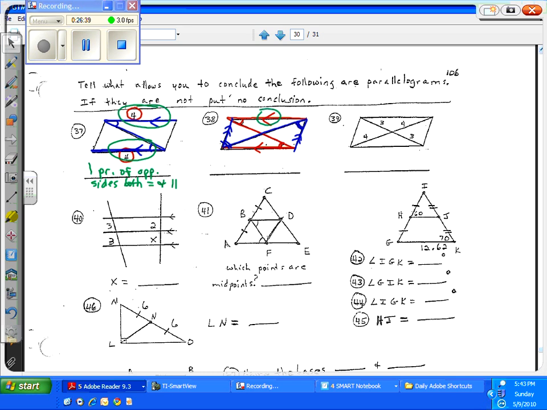So what we have is both pairs of opposite sides parallel, which is the definition of a parallelogram. And so we prove that that is a parallelogram by definition of a parallelogram.